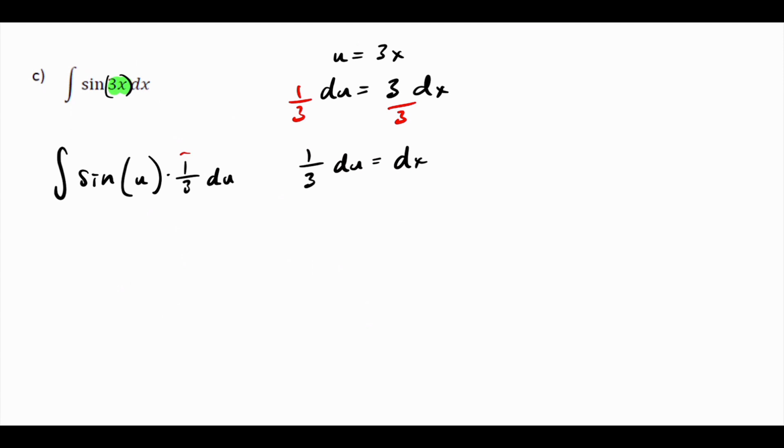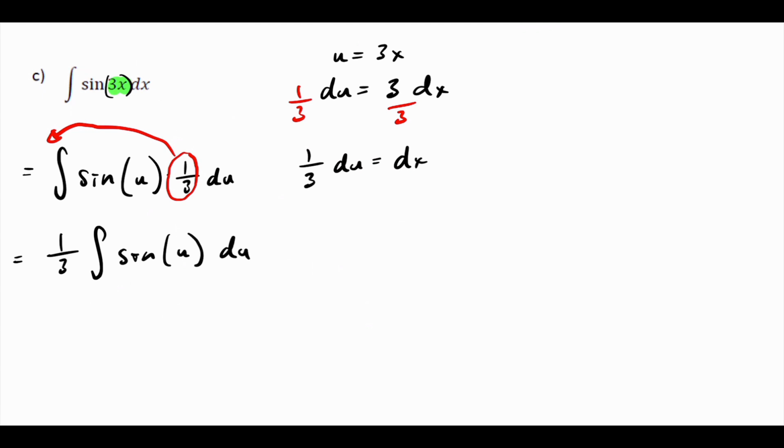I have a constant here. I'm going to throw that out in the front. So it's 1/3 times the antiderivative of sine of u du. So what's the antiderivative of sine? Negative cosine, good.